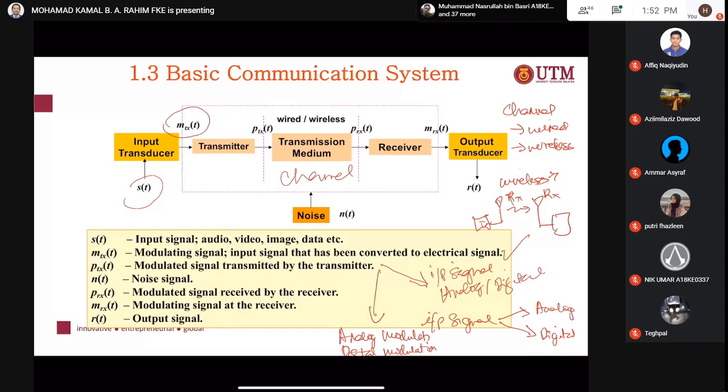Of course, throughout the medium you have a channel, the transmission media. From the channel, you have noise. Noise happens throughout this channel. I will explain the noise later. Noise could be internal noise or external noise. Internal noise comes from the devices themselves.